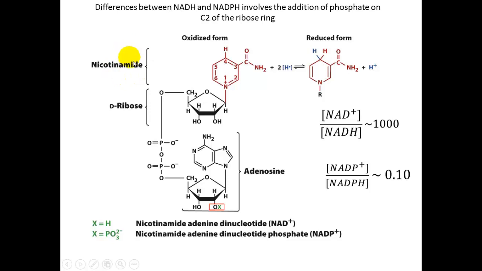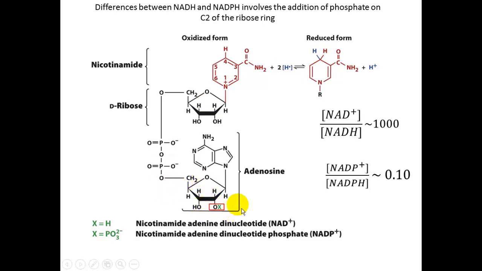Here's nicotinamide. The dinucleotide comes here with this nitrogenous base as well as this nitrogenous base. And really the chemistry happens here in terms of oxidation and reduction. More specifically, the hydride transfer occurs at the number 4 carbon in the reduced form.